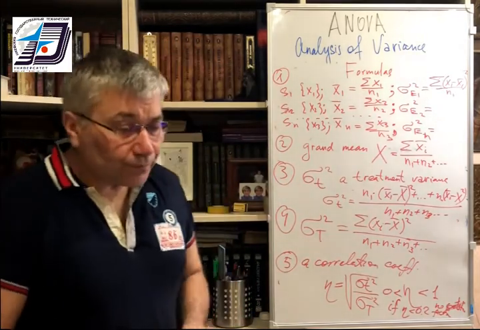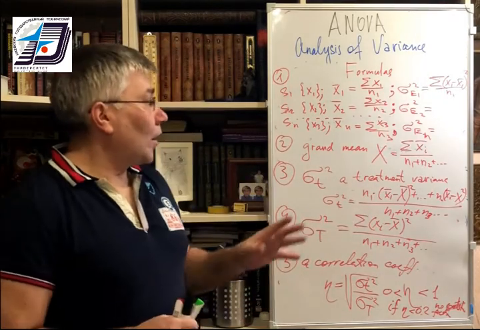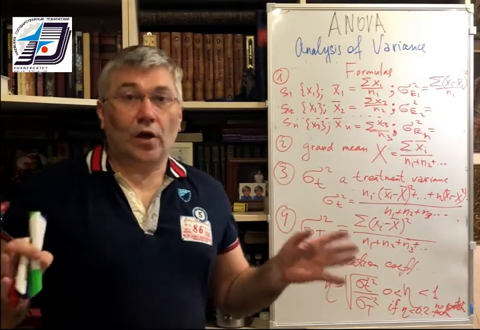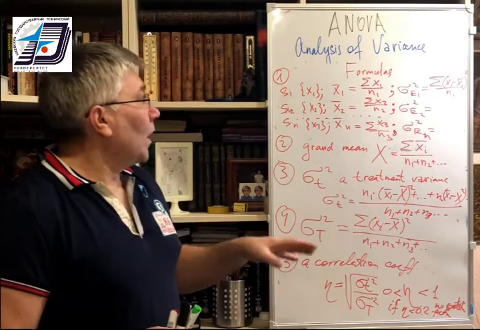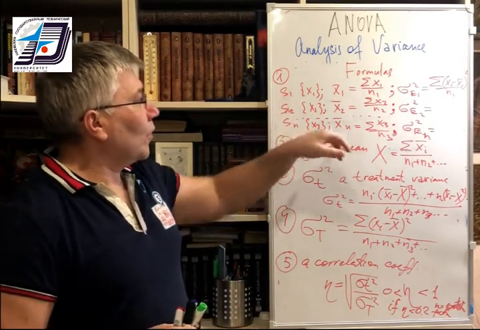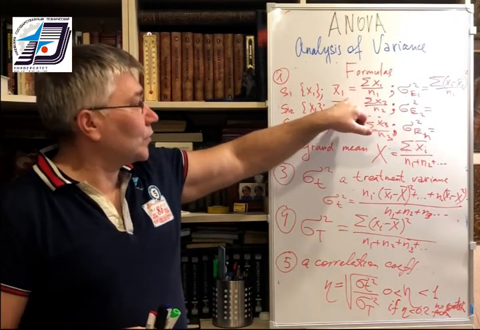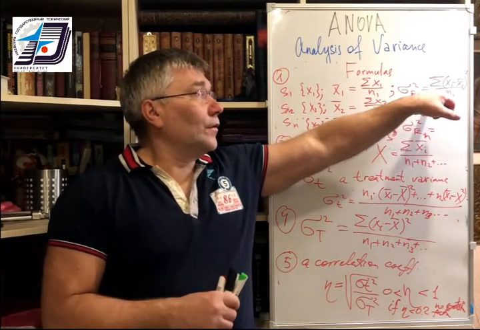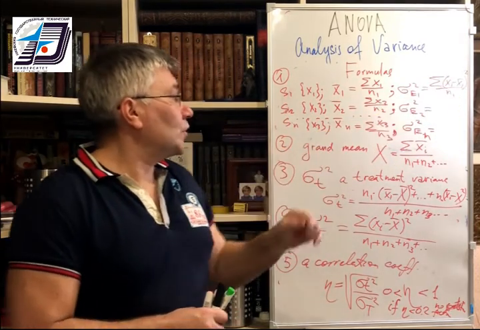So here you have the layout of the ANOVA analysis and a guidance or roadmap. If you have n samples, you have to calculate the sample means and their deviation within each group, like the error deviation.